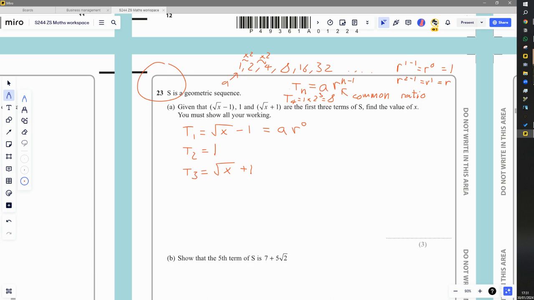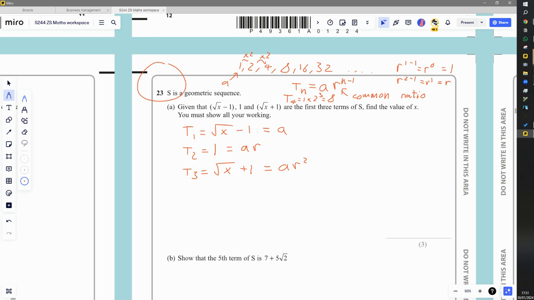Oh, of course, here we go. The first term is that. We knew that already because it said it's the first term. And the second term is equal to a times r, which we don't know, like I said. And the third term is equal to a times r squared.